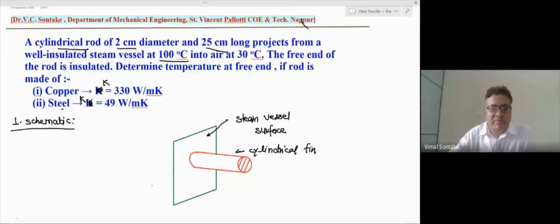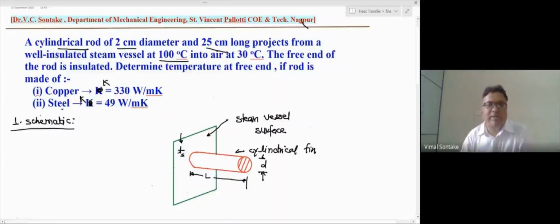Meanwhile, you draw this diagram. Now let us say temperature of this steam vessel surface is represented by Ts, and the length of the cylindrical fin is capital L, and its diameter is, let's say, small d.